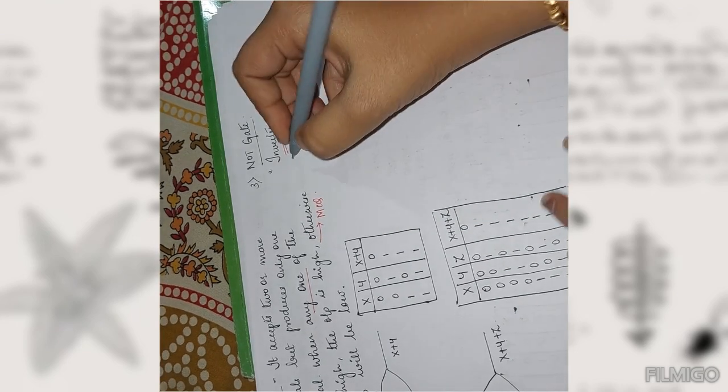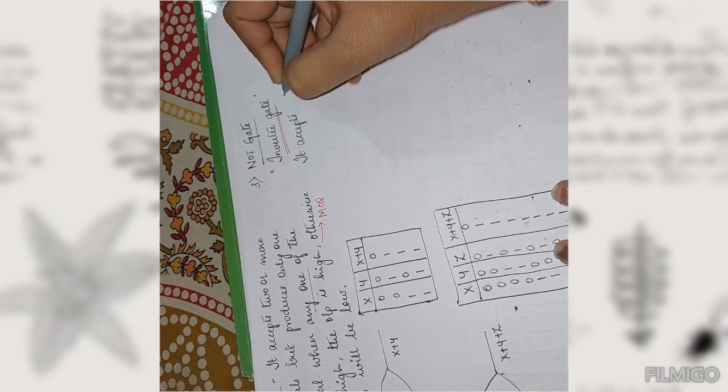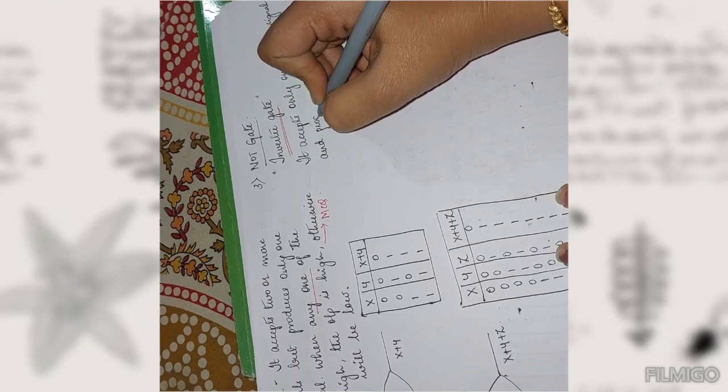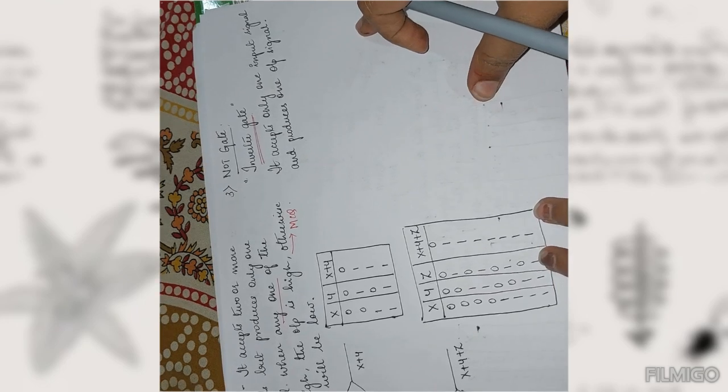In NOT gate, it accepts only one input signal and produces one output signal. It always performs complementation operation.